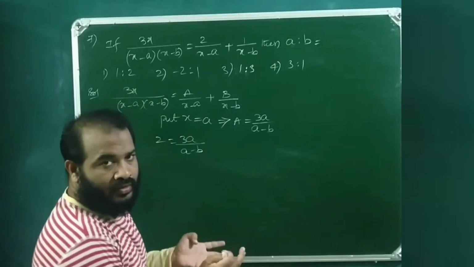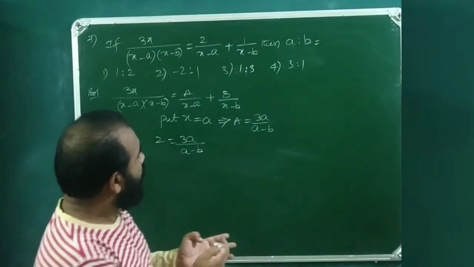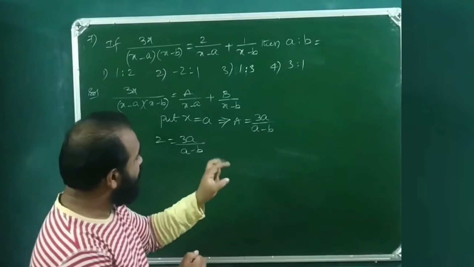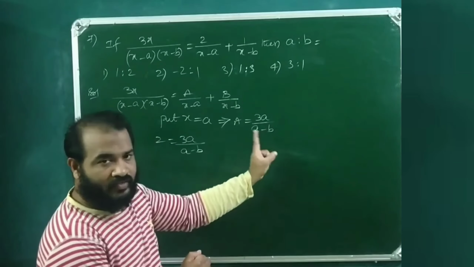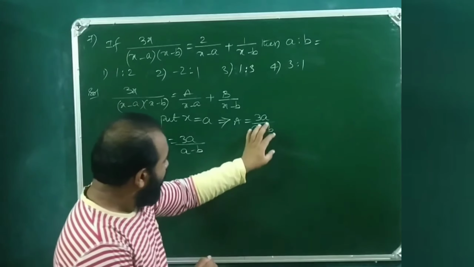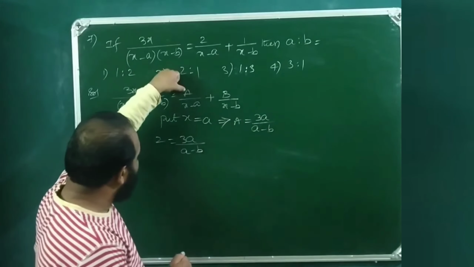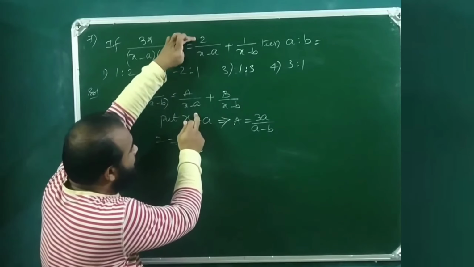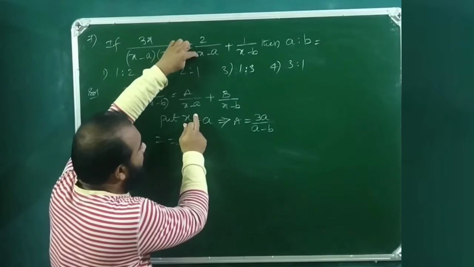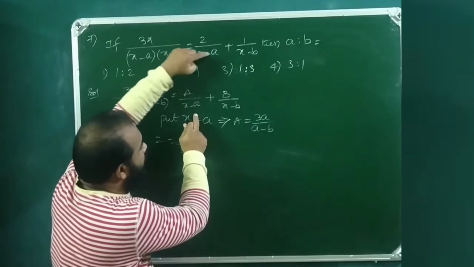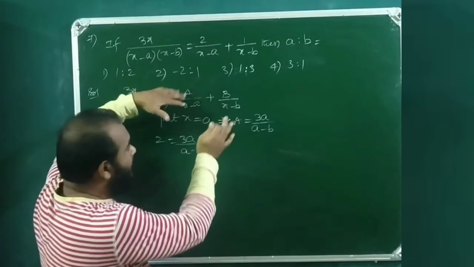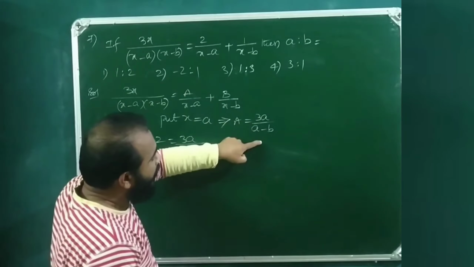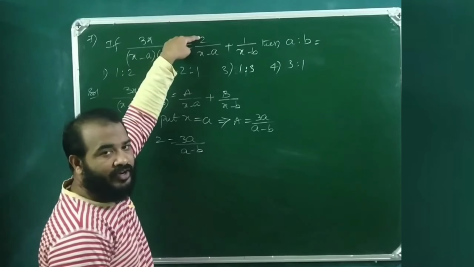Here we no need to find the value of b. So here what I have done is a is equals to 3a by a minus b, right? So this 3a by a minus b in the place of a I have substituted. So I compare these two. In both these, x minus a is common. So therefore in the place of a, 3a by a minus b, this I have equated to 2.